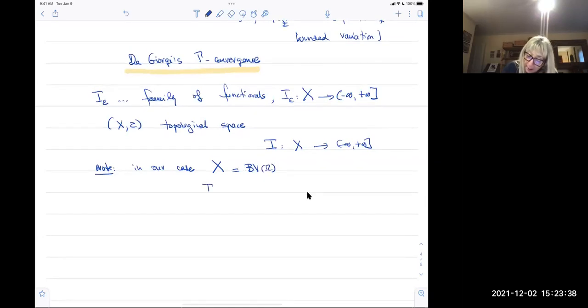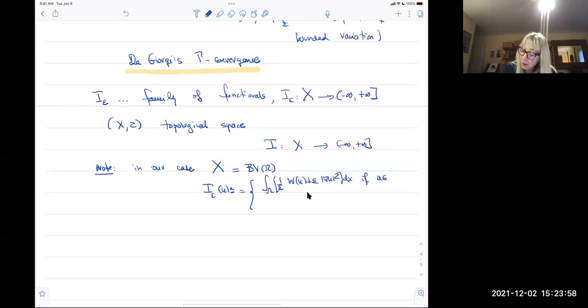Which means that when I define I epsilon, I'm defining I epsilon to be the integral of 1 over epsilon W of U plus epsilon grad U squared dx.